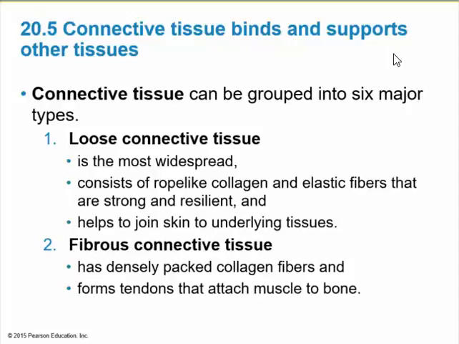Fibrous connective tissue is more organized, with dense, packed collagen fibers. It forms tendons that connect muscle to bone, and ligaments which connect bone to bone.